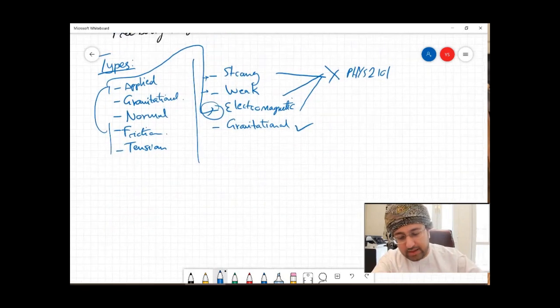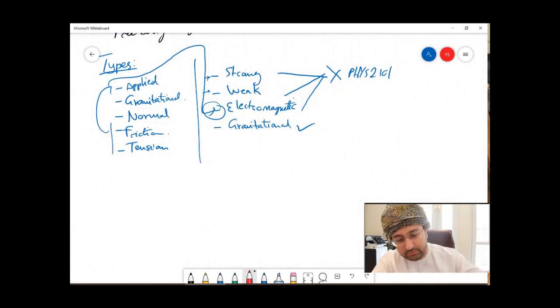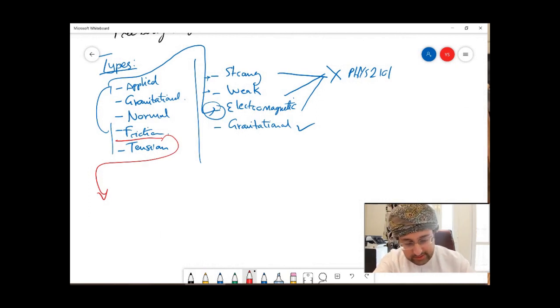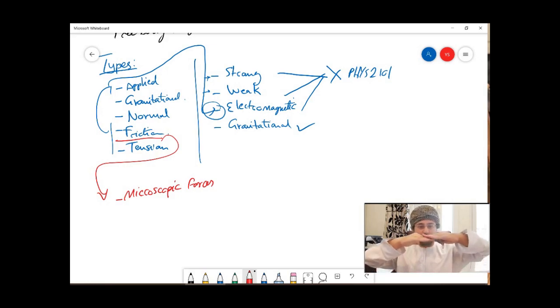Then we expanded upon the idea of friction, and we said this is due to microscopic forces, because nothing is really smooth. As smooth as you are, when 2 things touch each other, they have grooves, and those grooves cause forces to go between them.